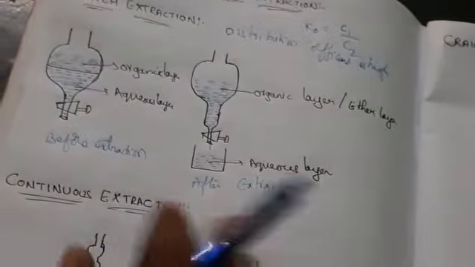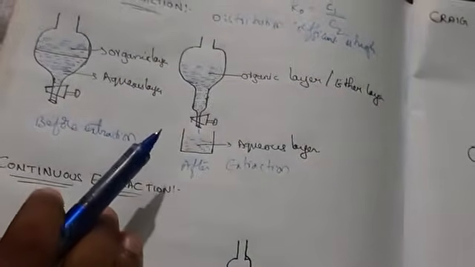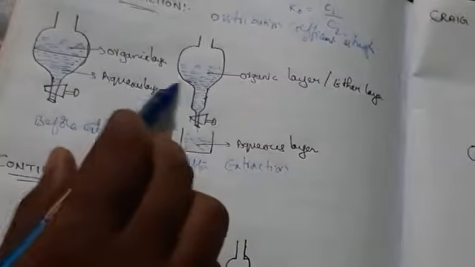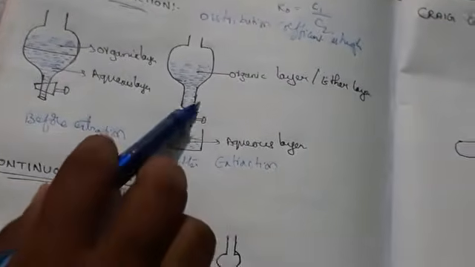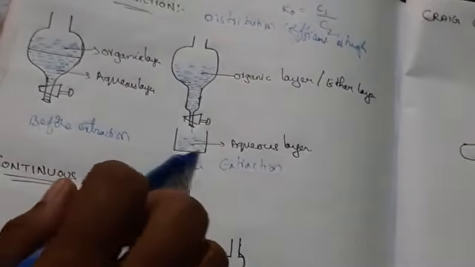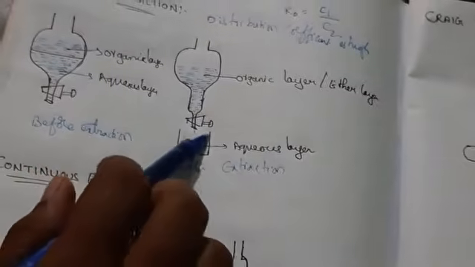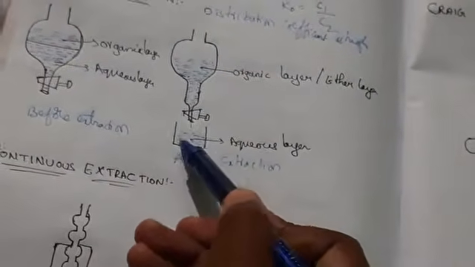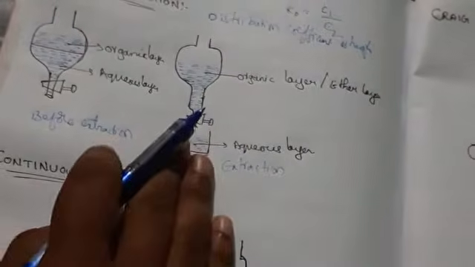Whenever the two layers are obtained, you drain the lower layer, the aqueous layer, into a beaker.